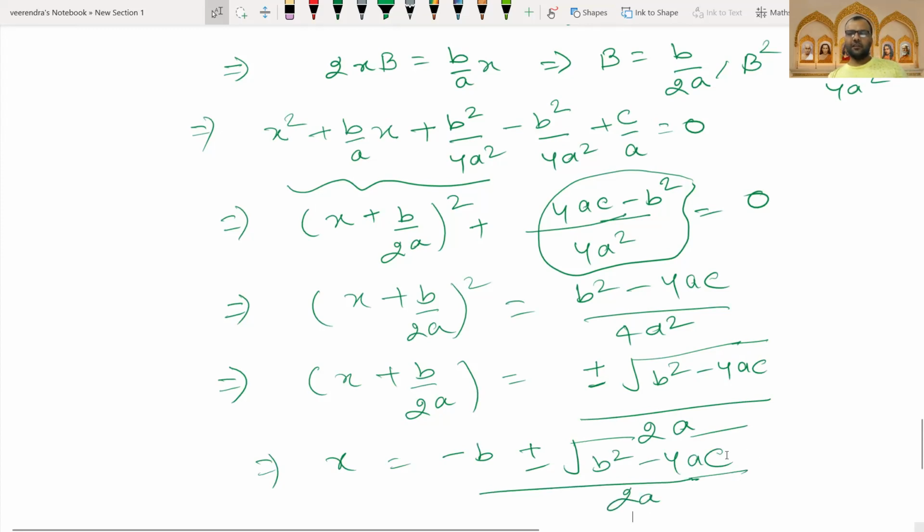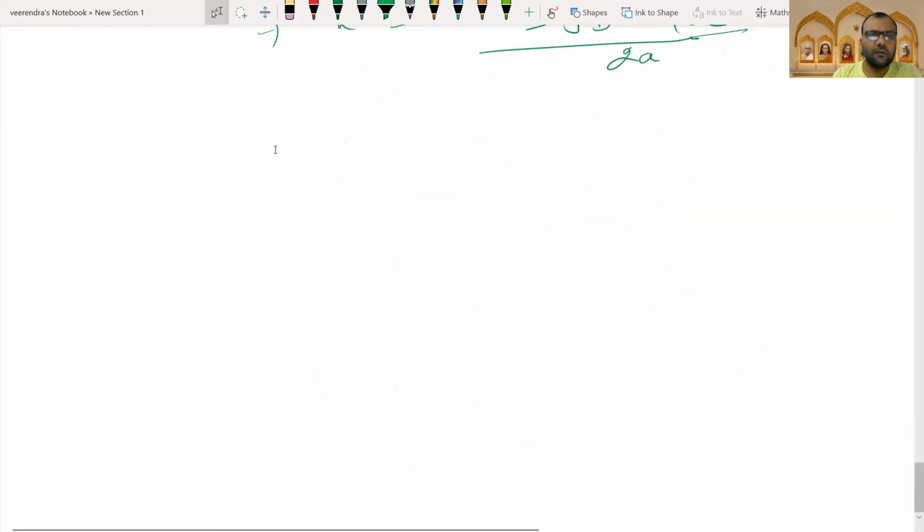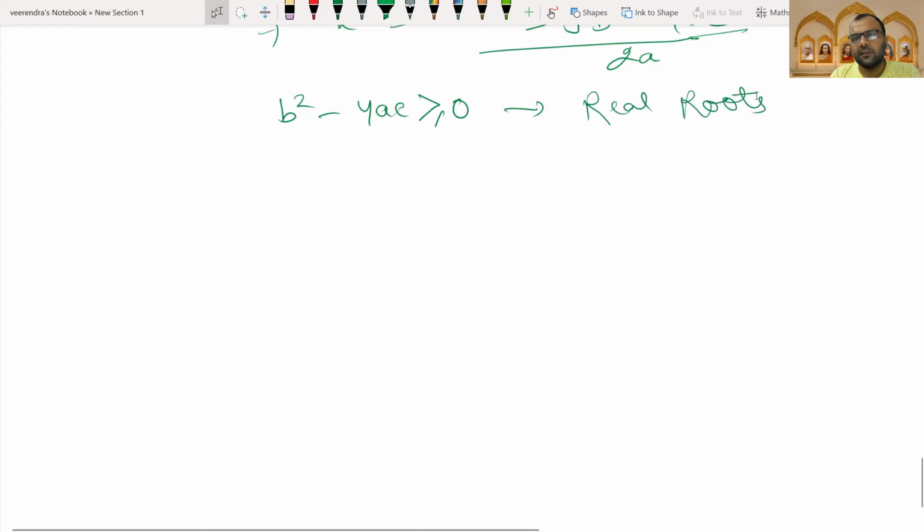So from here we can see if b² − 4ac is greater than or equal to 0, then only we will have real roots. So this is the essential condition for the roots to be real.